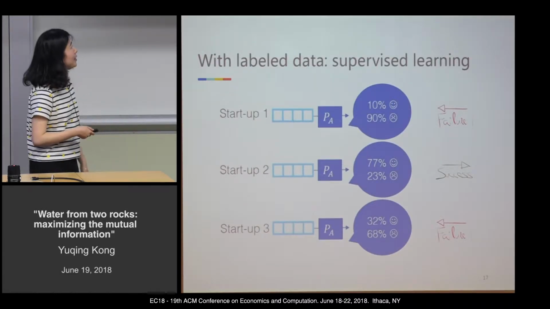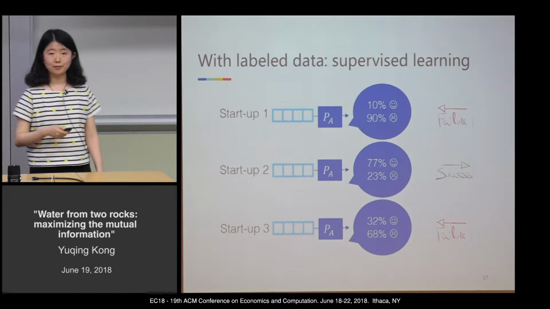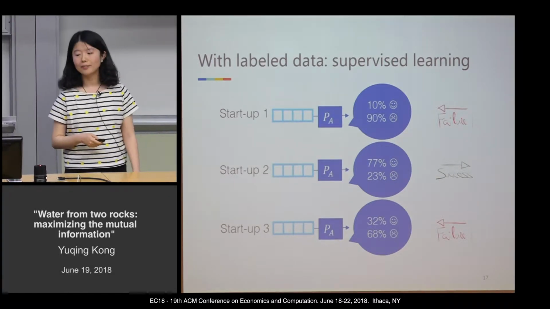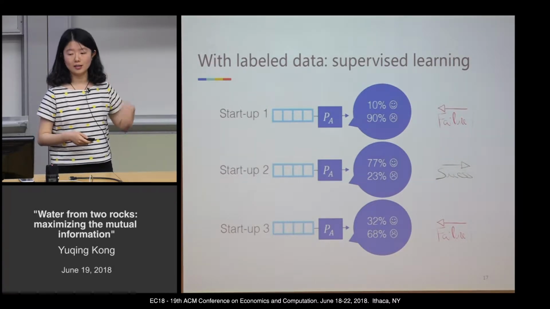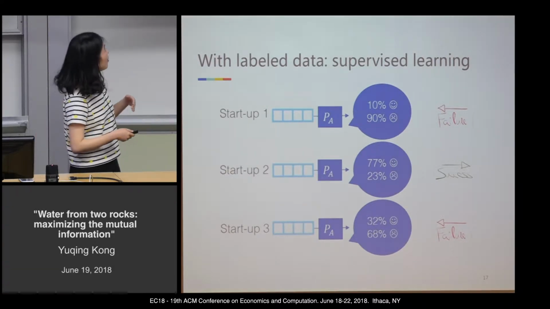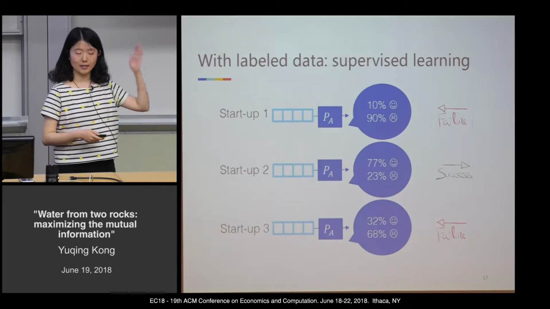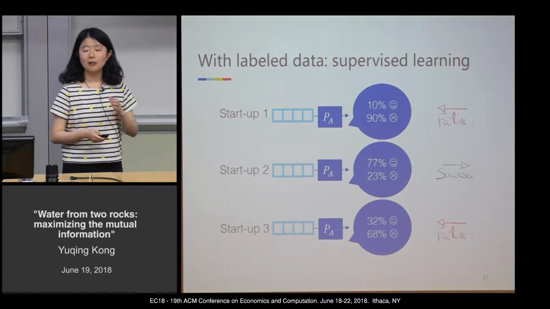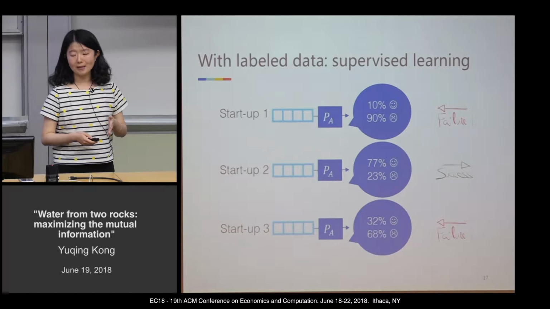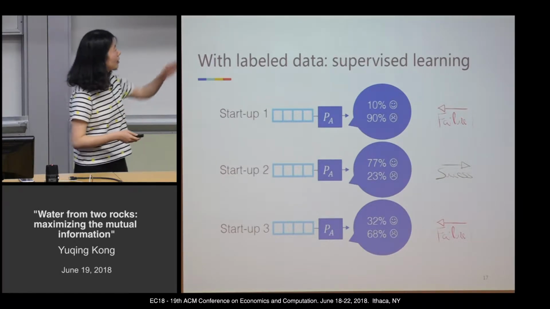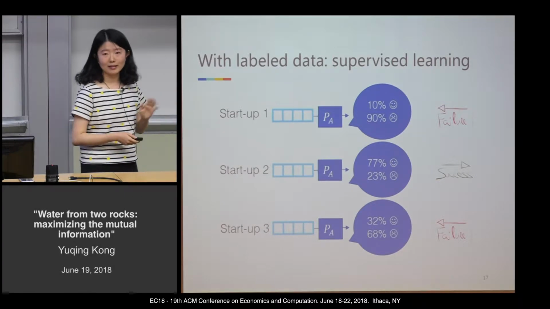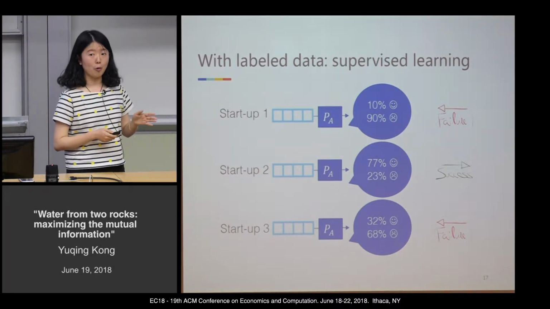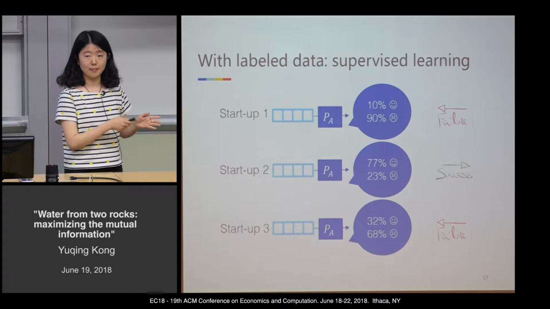This evaluation problem is not hard if we are in the supervised learning setting. For example, if we have 3 data points, each data point is about a startup, and we have a predictor PA that takes the feature as the input and outputs the forecast. If we have a reliable label, which is the outcome of the startup, then it's very easy for us to tell whether this predictor did a good job or a bad job.